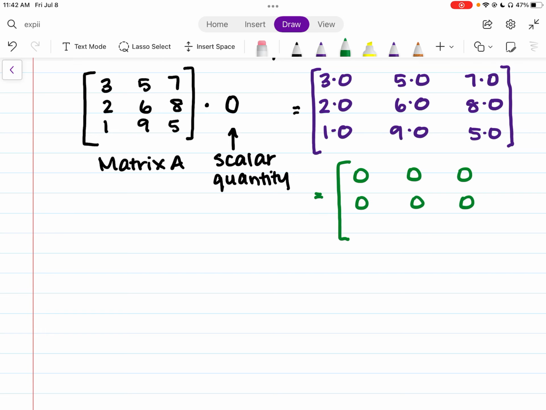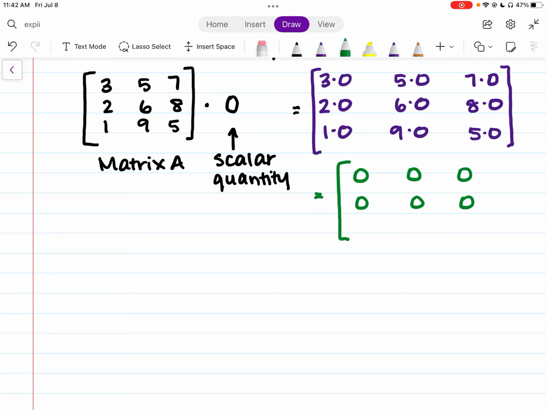You get the idea. All of these entries become 0. And that means our new matrix is a 0 matrix. And a 0 matrix is just a matrix where all entries within that matrix are equal to 0.